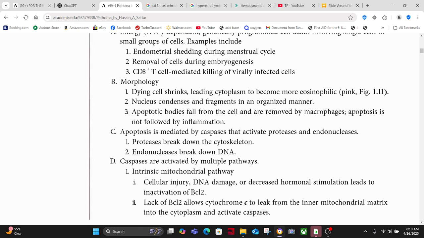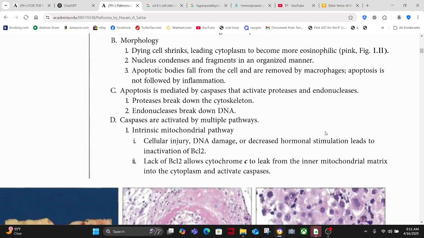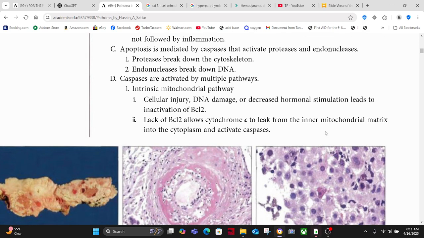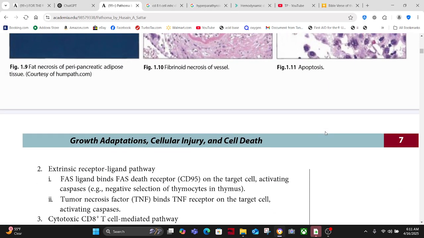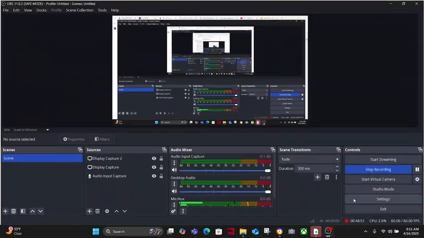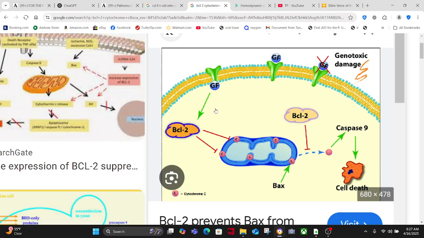Lack of BCL2 allows cytochrome C to leak from the inner mitochondrial matrix into the cytoplasm and activate the caspases. Okay.